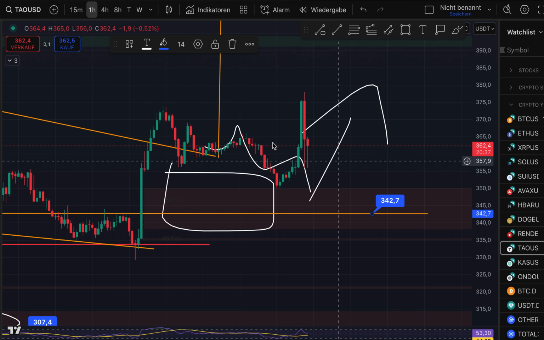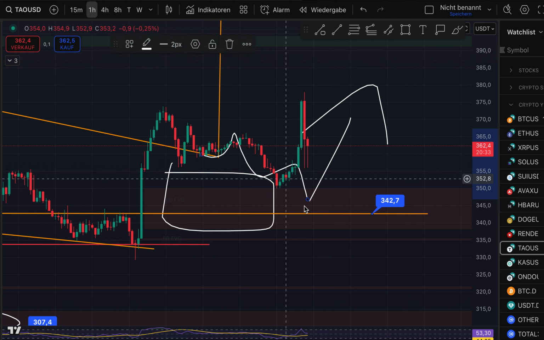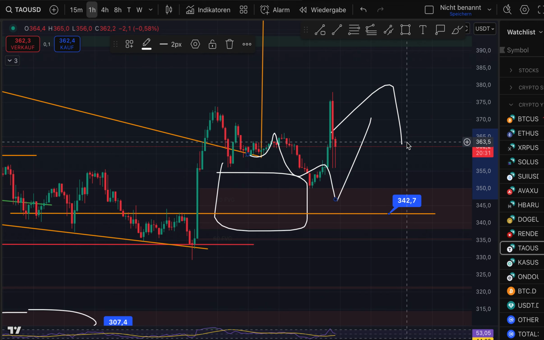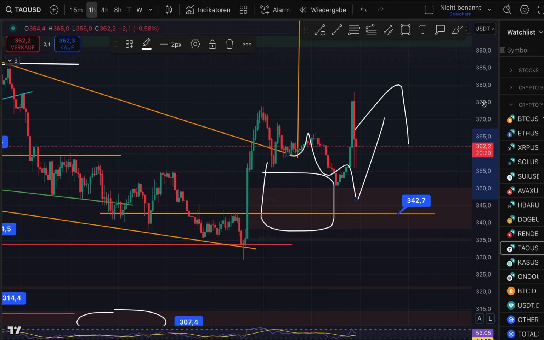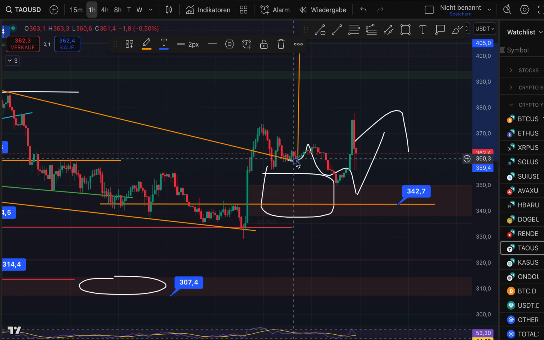Yes, we have to see. Maybe this was our consolidation and we are already looking for higher prices. If this is the case, then we have our target, but for that I have to adjust the target a little bit.